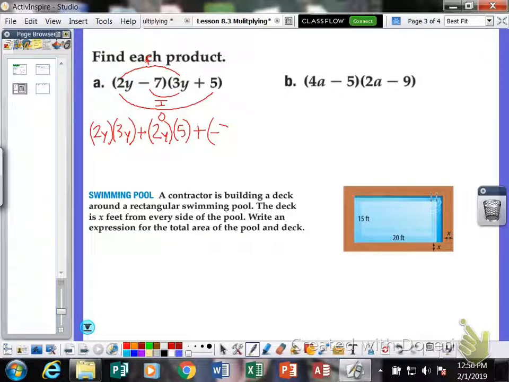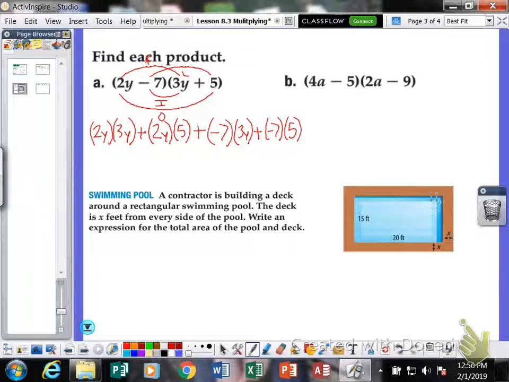So I have -7 times 3y, plus, and then we have our last terms, which is the L, and we have -7 and +5.